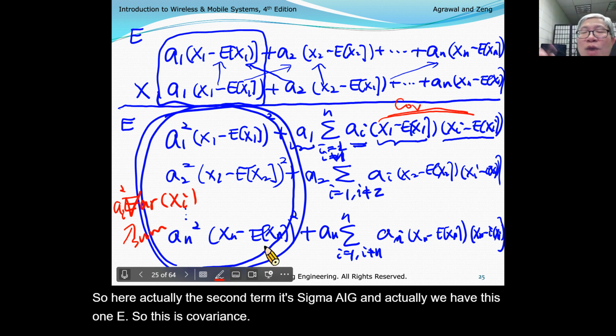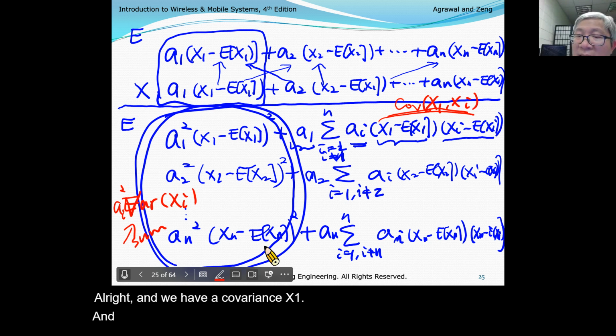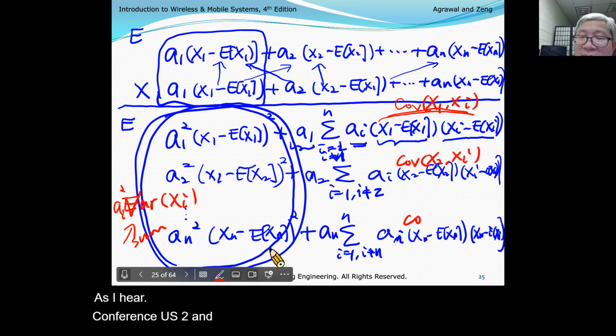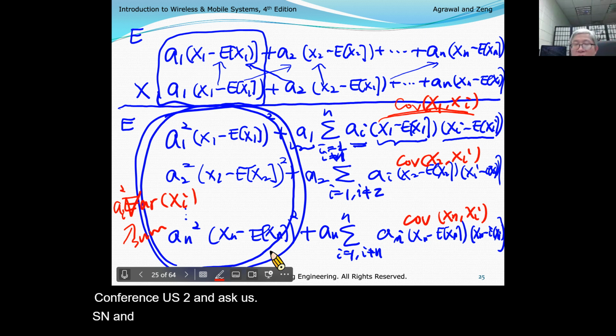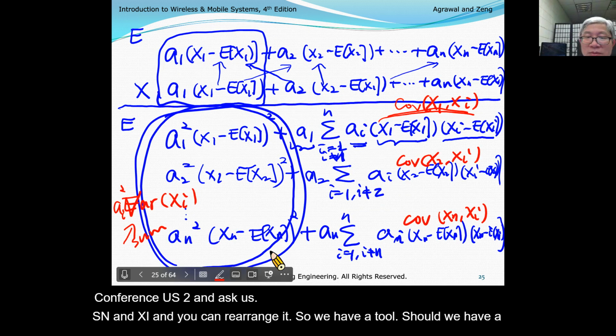All right, and we have a covariance x1 and xi here, covariance x2 and xi, covariance xn and xi. And you can rearrange it. So we have a 2.